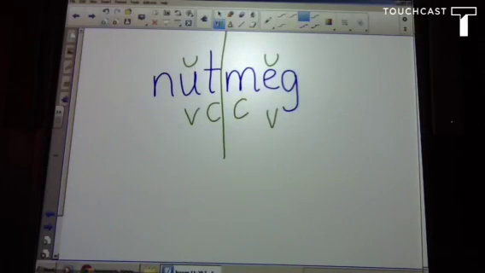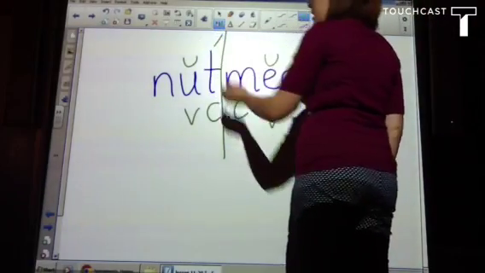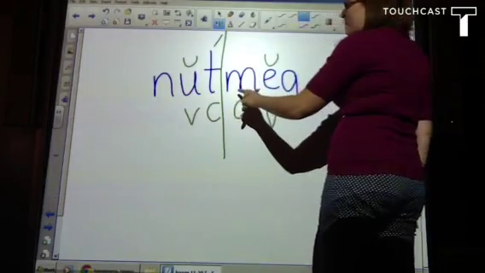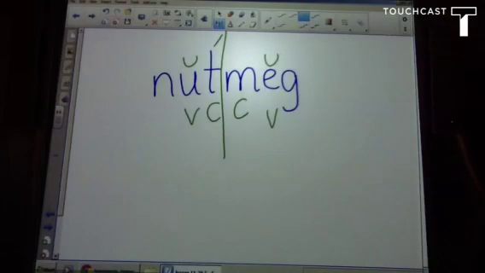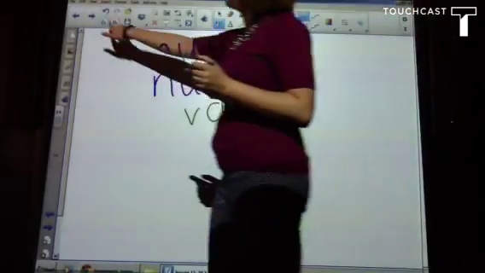We need to figure out which syllable is going to be accented. Oh, okay. So usually, where's the best place to accent? The first syllable. So let's give that a try. Nutmeg. Nutmeg. Is that a word you've heard before? Yes. Good. Let's try another couple of words.